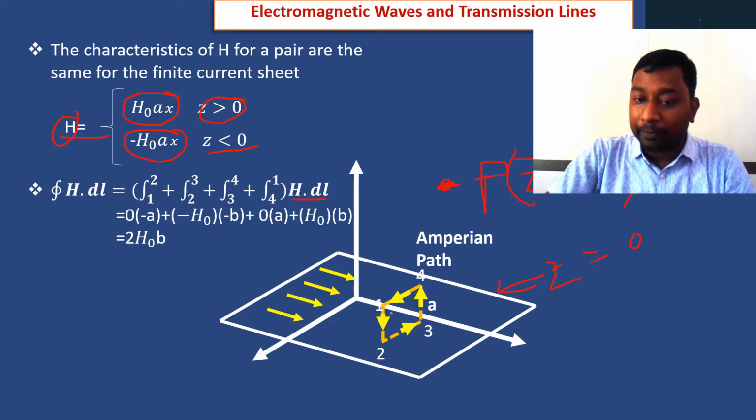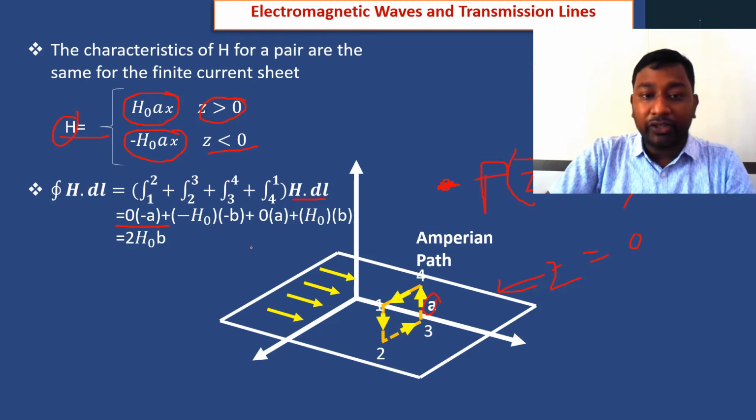Half of that part is above the surface and half is below, but in both cases the value is 0 because H is perpendicular there, so H cos becomes 0. So 0 into minus a, because upward is considered positive, so minus a, depending on direction.